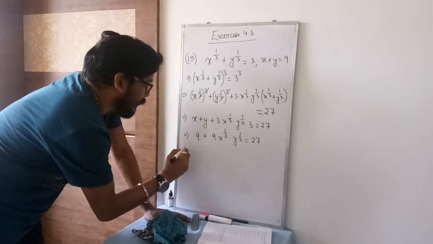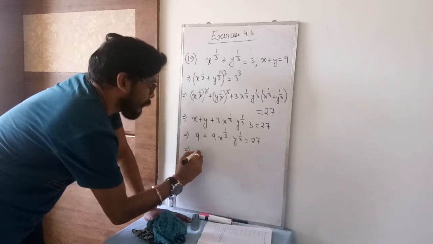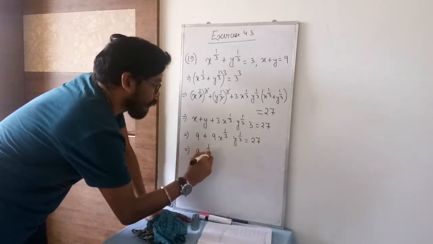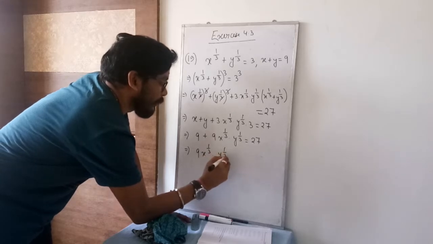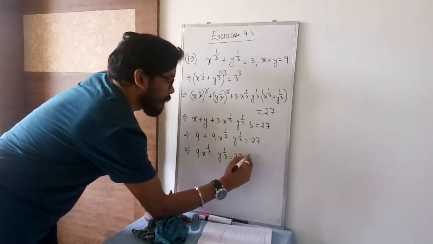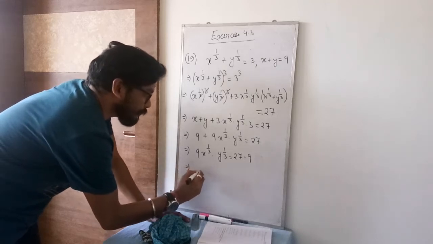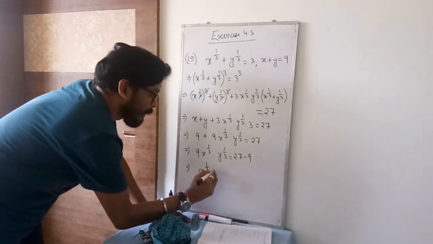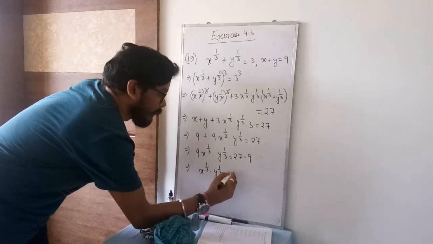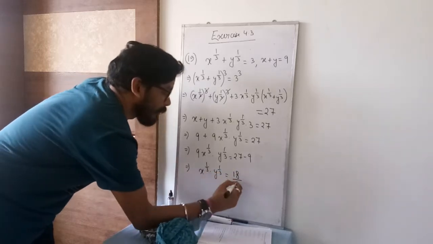So 27 you take, 9 you take on the other side. Okay, 9 x to the power 1 by 3, y to the power 1 by 3 equal 27 minus 9. So 27 minus 9 is how much? 27 minus 9, so it is 18 and this 9 will come here.